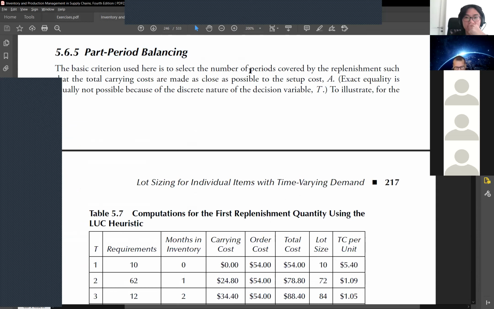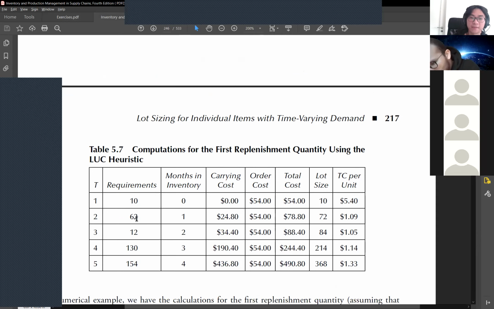The idea is to select the number of periods, so we are doing the T thing again. We're calculating the optimal T, the number of periods covered, such that total carrying costs are made as close as possible to the setup cost. And this total carrying cost is calculated the same as here. It's the same.